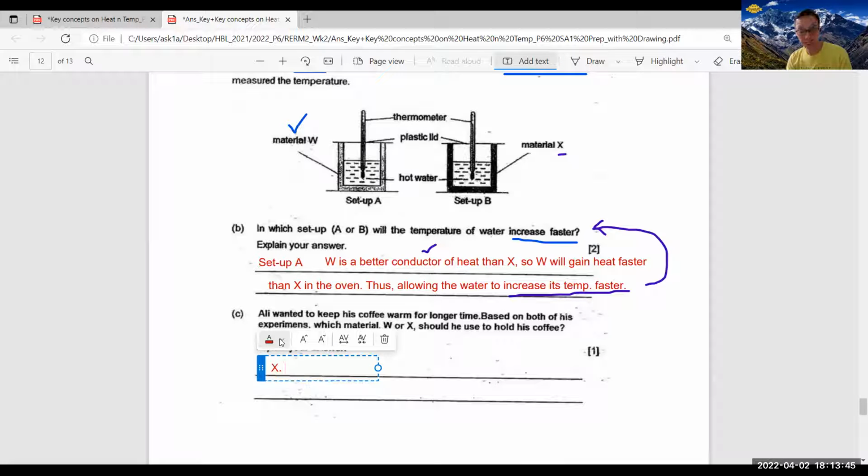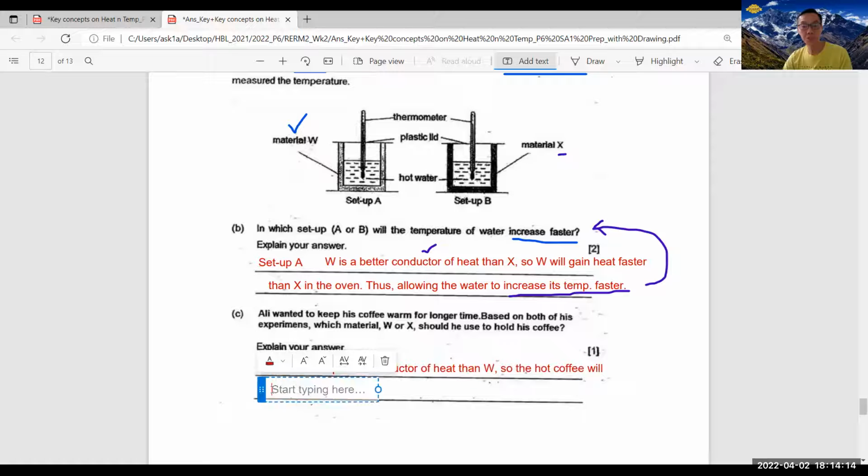So you should say material X, as X is a poorer conductor of heat than W. So the hot coffee will lose heat slower to X, thus keeping the coffee warm longer.